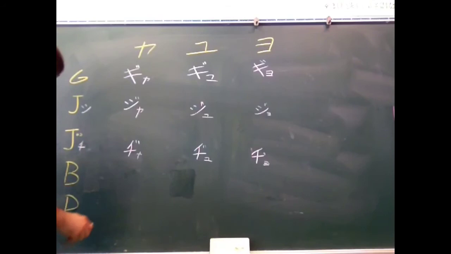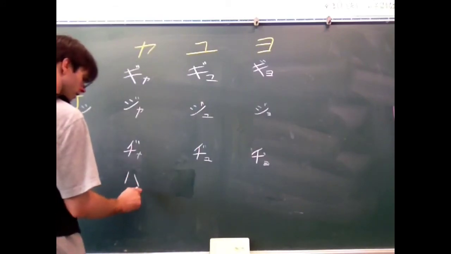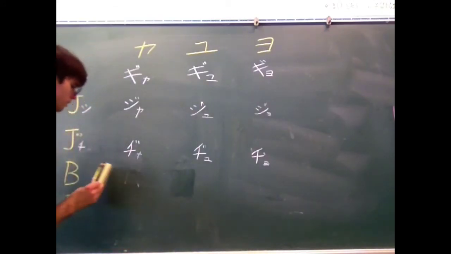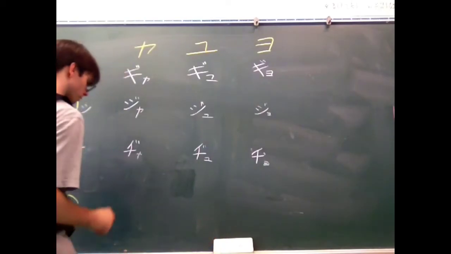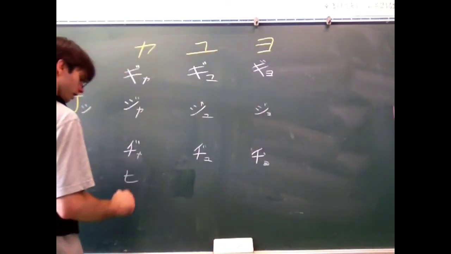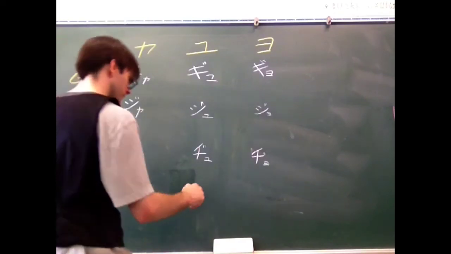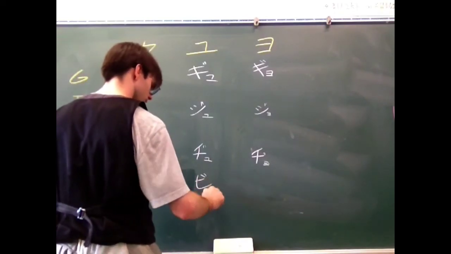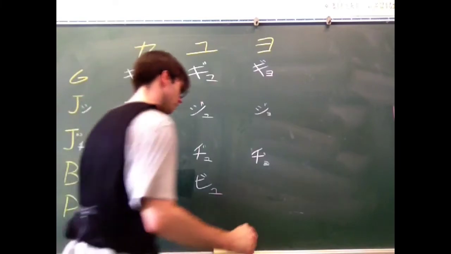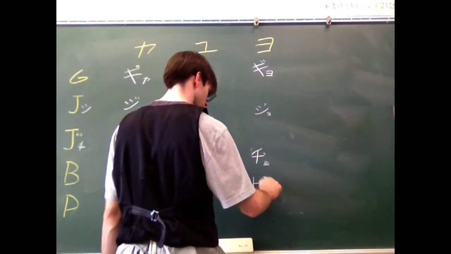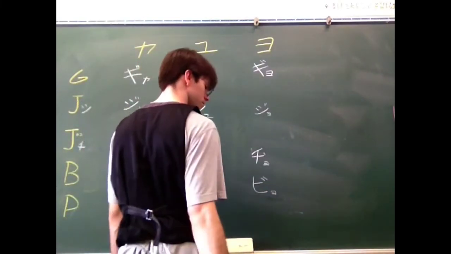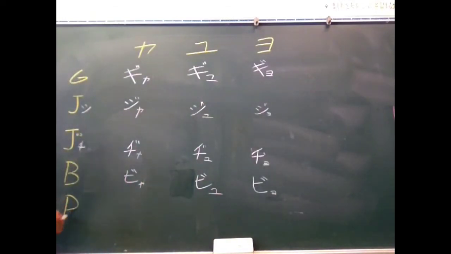The B's are, remember, base form ha. No, sorry. What am I talking about? Base form H. Hi. He. B. Ya. Bya. Bu. Byo. And then the P's are also base form he, but with the round thing instead.